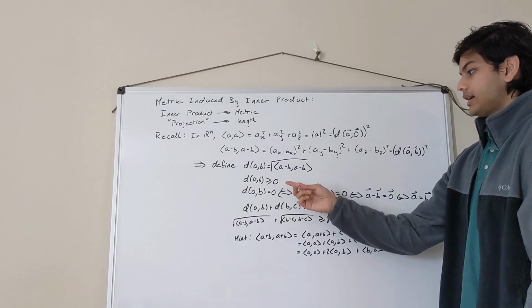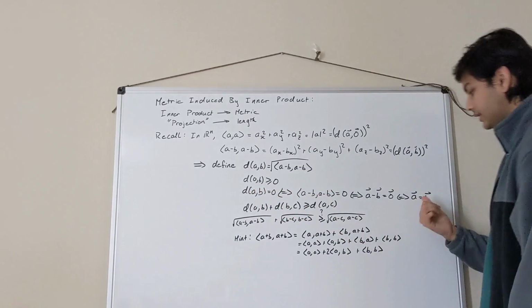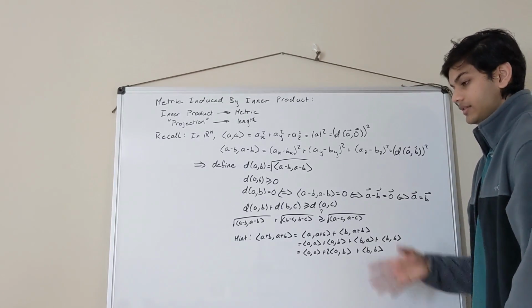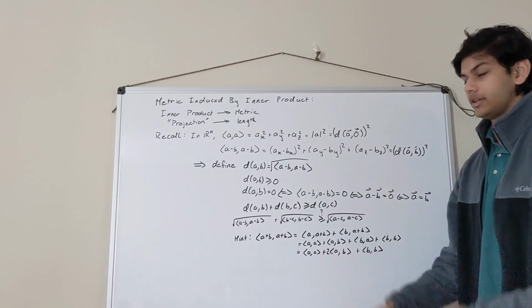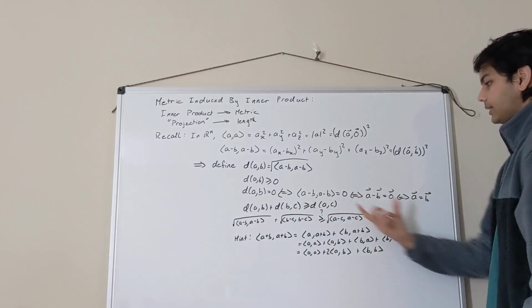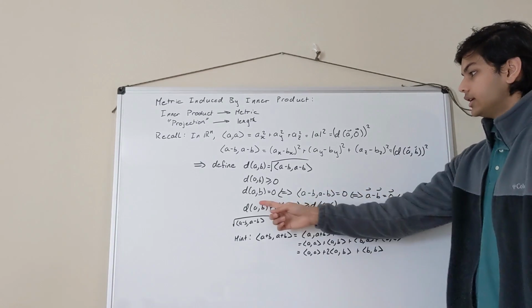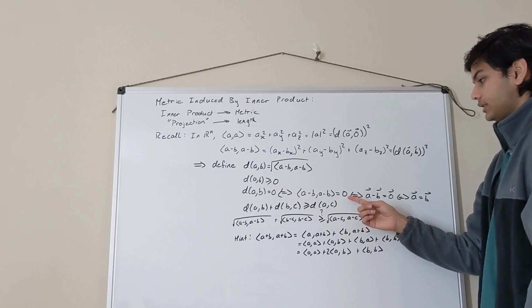Secondly, we have that if the distance between two vectors is 0, then the vectors must be the same, because it wouldn't really make sense otherwise to say that if you have the same vector, the distance is non-zero, or if the distance between two vectors is 0, then they're different vectors. So we can actually derive this statement by looking at the inner product axioms if we take this metric or length. So the distance between a and b is 0 implies that this inner product is 0.